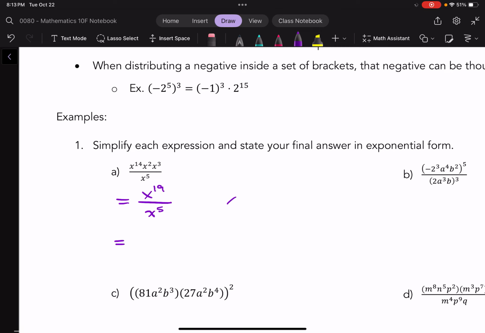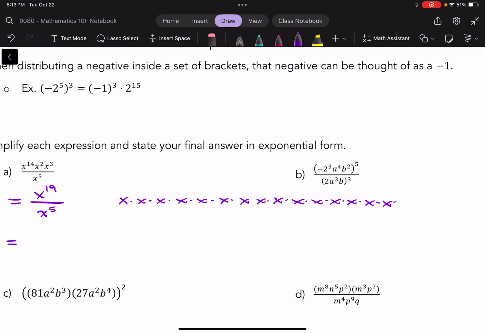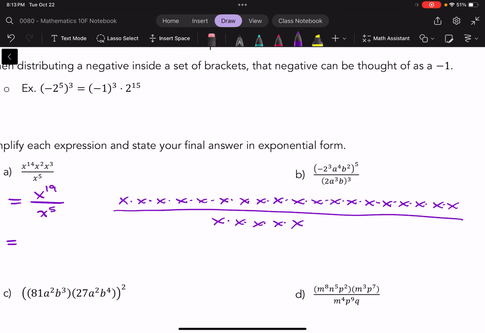And remember, that's because if we did have a whole bunch of these up here, if we had 19 x's on top, and we had 5 x's on the bottom, because division cancels out multiplication, it undoes it.